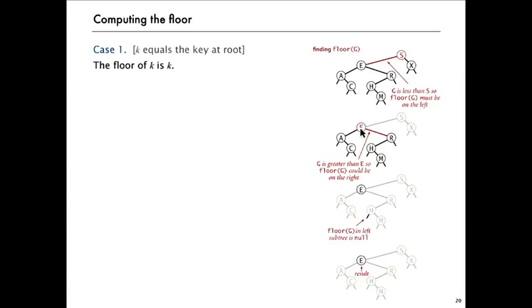Now we're sitting at E, and so what's the largest key that's less than G in this tree here? Well, it might be E, but there's no way that it's to the left of E because those keys are all smaller than E and therefore smaller than G, so E's a candidate. But it might also be in the right. So we move to the right in this case.